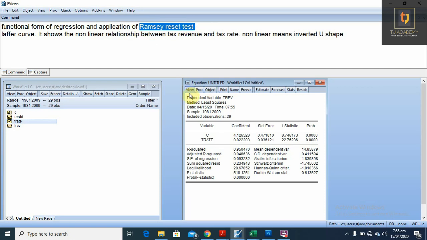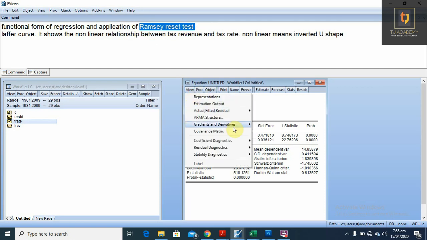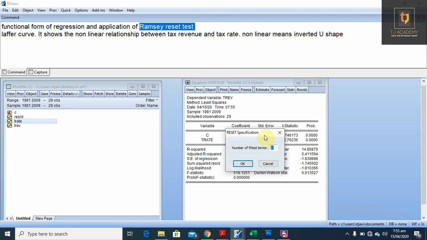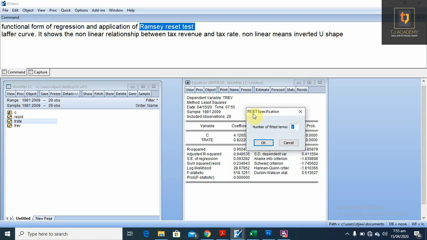For this, go to View, Stability Diagnostics, then Ramsey RESET test. When we click on RESET test, the RESET specification means what you are going to test, either the non-linear with the square form, or you are going to check cubic function.